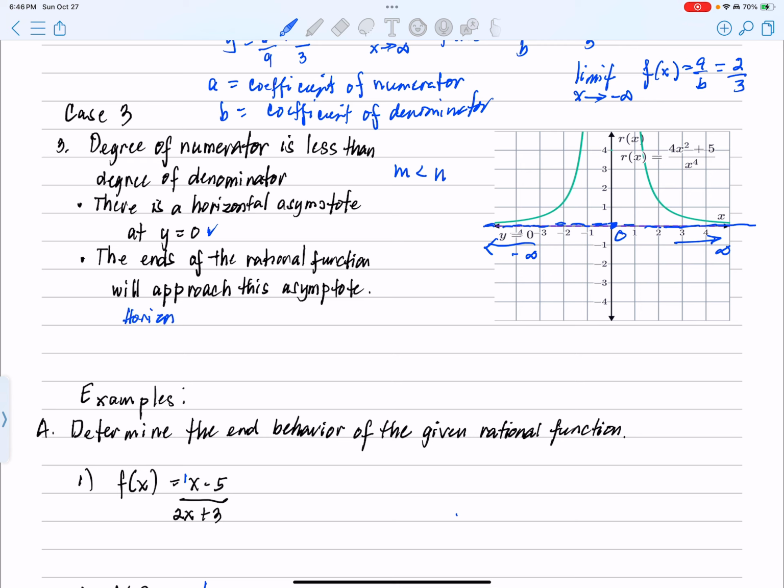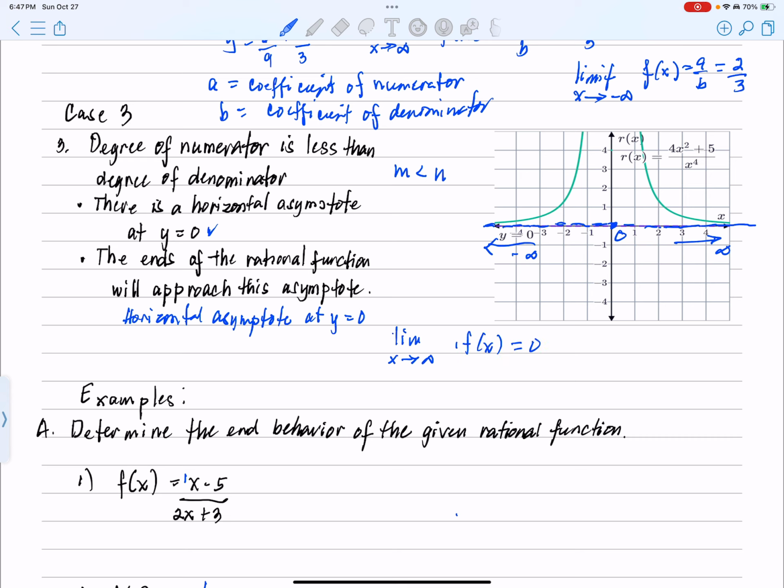So you indicate that the horizontal asymptote there is at y equals 0. So what would be our limit notation there? As x approaches positive infinity, the function equals 0.